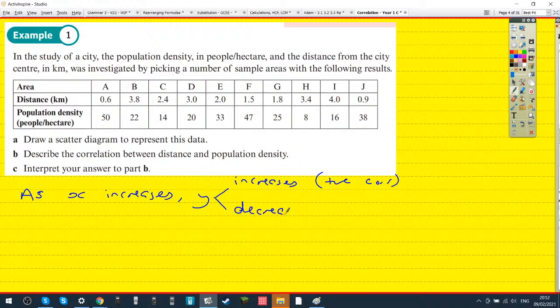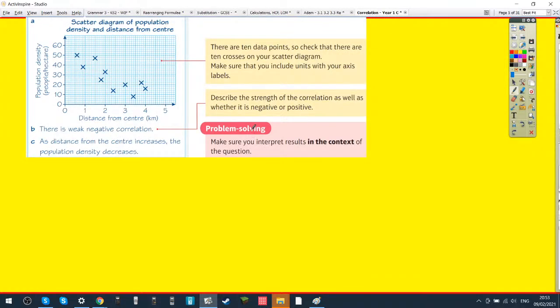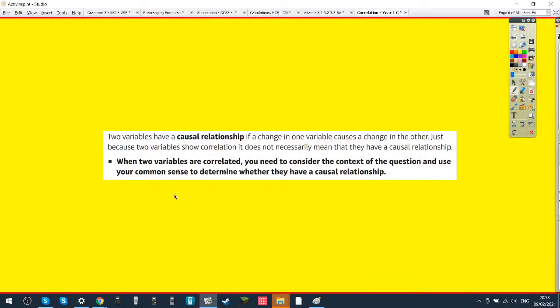Decreases is negative correlation. And you have to not say x and y, it has to be in the context of the question. So as distance from the city center in kilometers increases, the population density in people per hectare decreases. Yeah. As distance from the city center increases, the population density decreases. Yep.